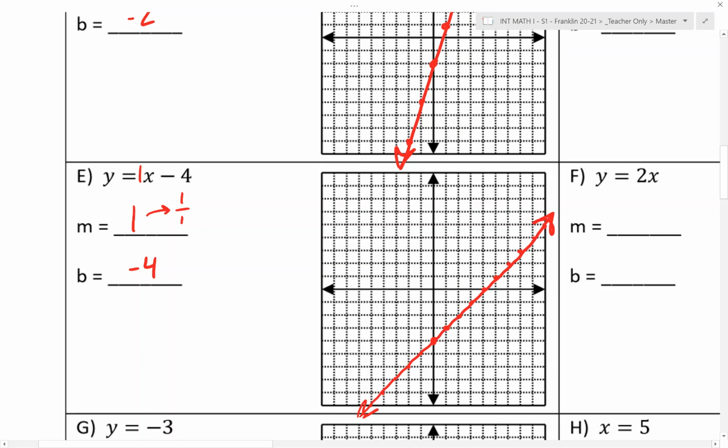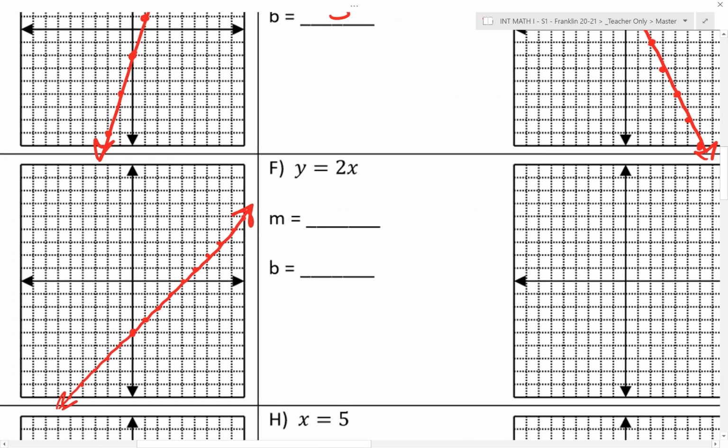All right, example F. Y equals 2x. Now this is sort of a special case where we don't have a number here. Right? We know the slope is 2 still, or 2 over 1. And there's a plus 0 here that we don't have to write because it doesn't change anything. So the intercept here is actually 0 because, again, there's a plus 0 that doesn't have to be written in the equation.